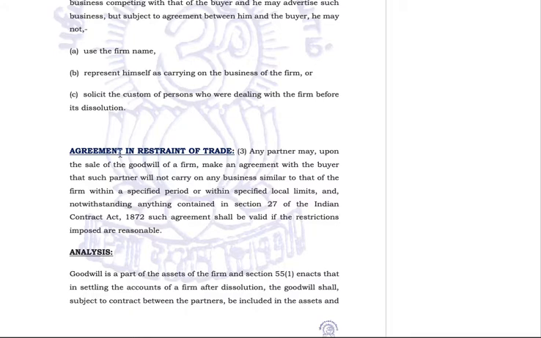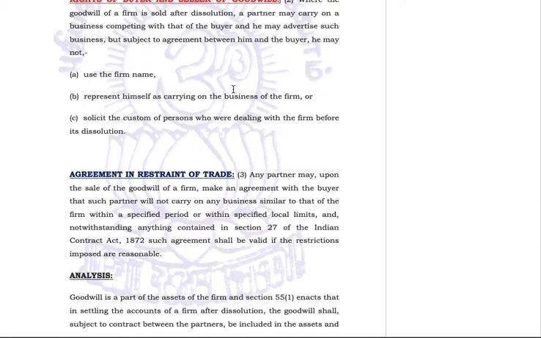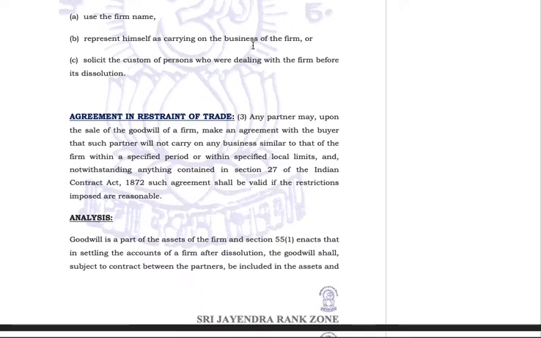Like we discussed, if reasonable restrictions are imposed, such restrictions are going to be valid in law. You cannot say that because this agreement is putting a lot of restrictions, it is against public spirit and against the law. So this kind of agreement is going to be a void agreement.